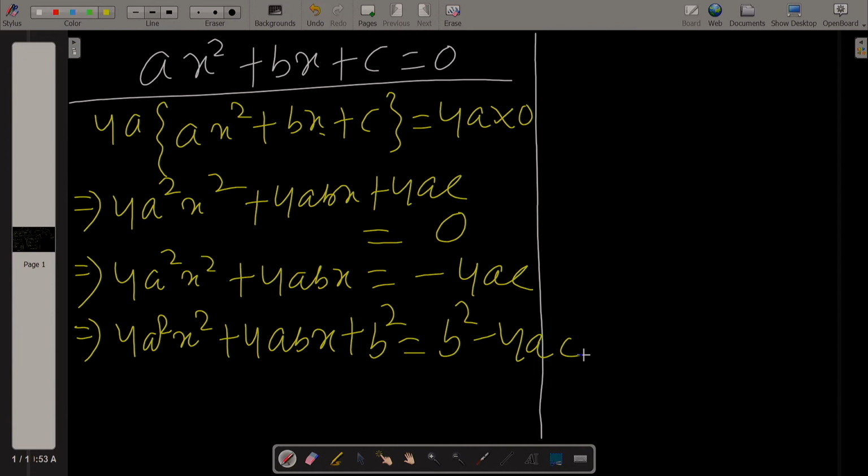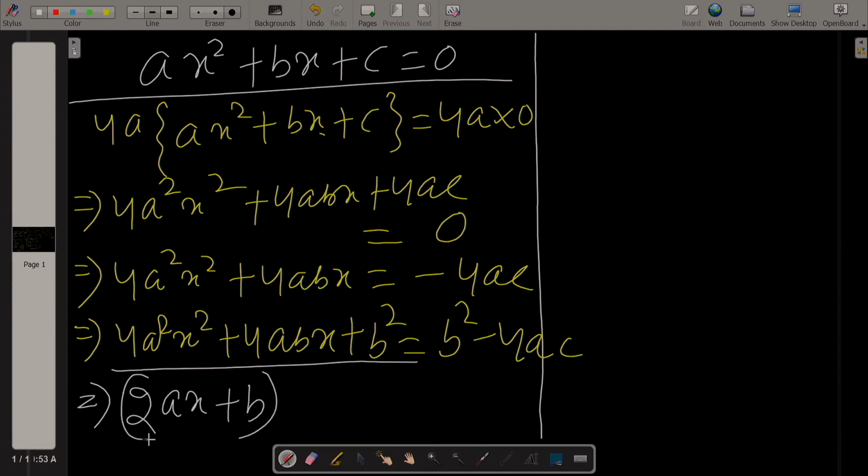Now you observe that 4a square x square plus 4abx plus b square equal to b square minus 4ac can simply be written as 2ax plus b whole square equal to b square minus 4ac.